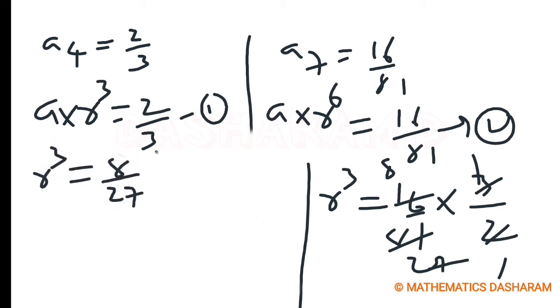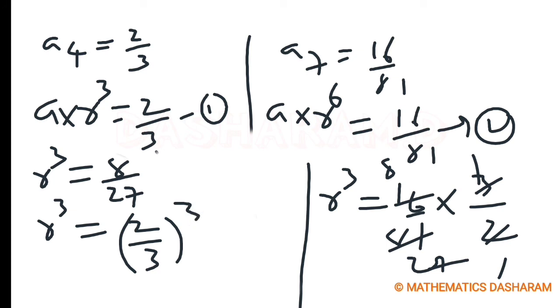See, our required answer is r, which is at the place of the base, and the power is 3. That means this 8 by 27 can also be written in exponential form. So r cube equals 8 by 27 means (2 by 3) whole cube. Now the powers are equal, so we can equate the bases. So the r value is 2 by 3.